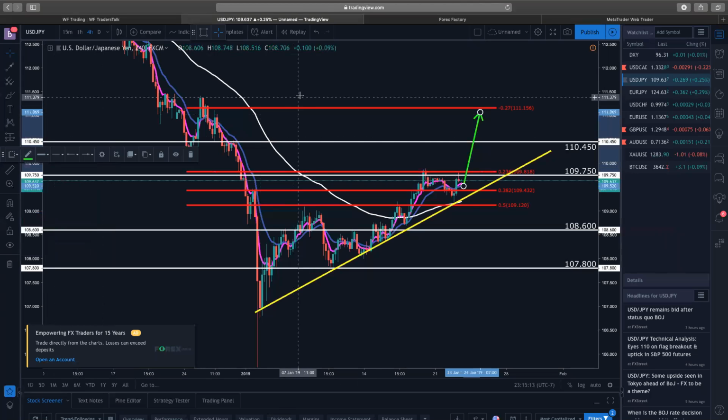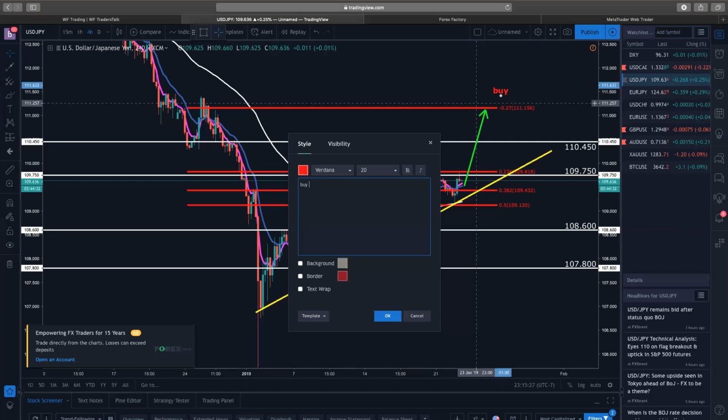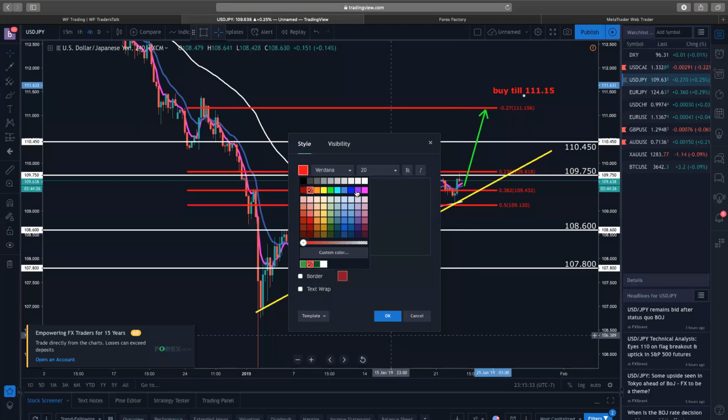I don't really see when USDJPY is going to be going down, but one area that I would like to see price go to is testing the 111.5. So this is what I write for USDJPY.